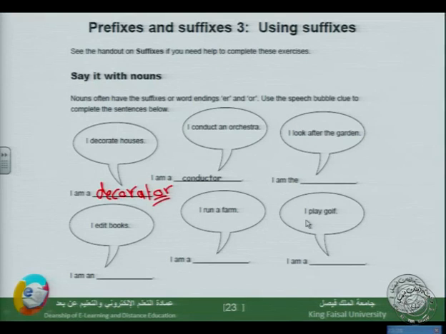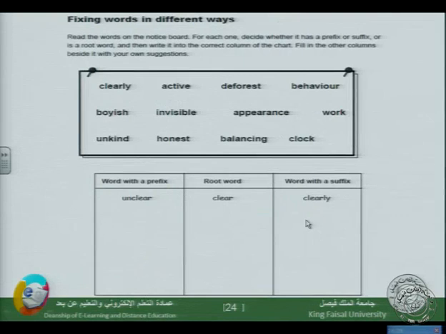Notice this ended in or. Some of them end with er. For example, I edit books. I am an editor. So try to do these 3 examples by yourself.